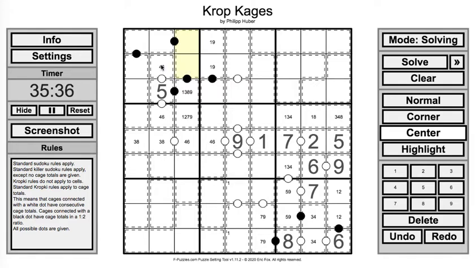Now we realize that these are both dominoes that add to 10, these can never be 4 and 6, and these can never be 1 and 9 as well, so basically these can be 2, 3, 7, and 8 only. And the same applies for this one.